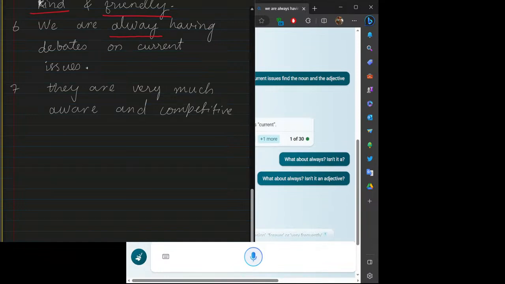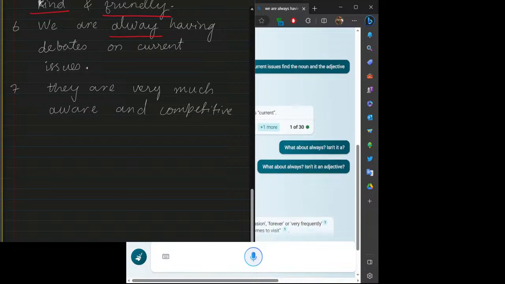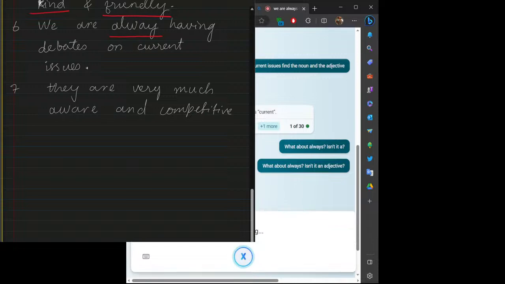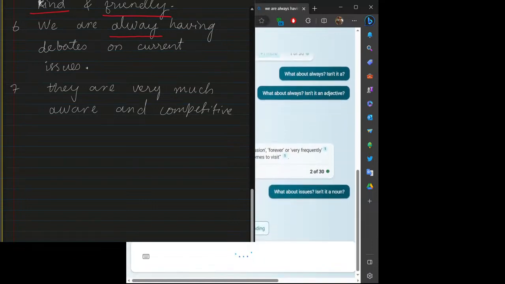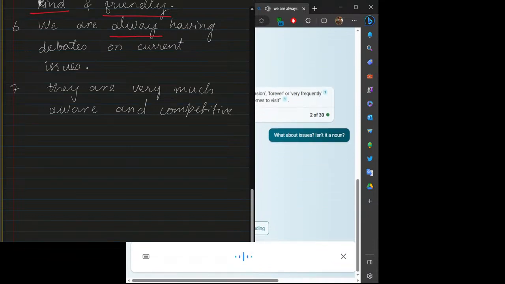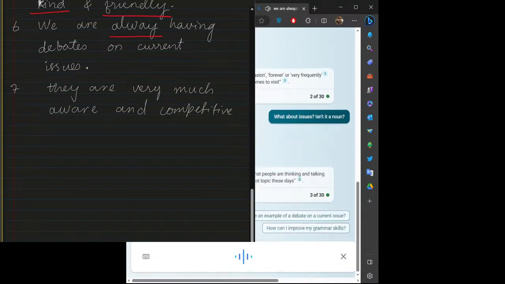Debates, and the adjective is current. What about issues? Isn't it a noun? Searching for, noun, adjective, adverb. Searching for, issues, noun, adjective. Yes, issues is a noun.